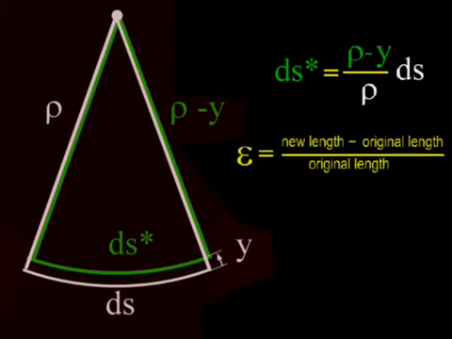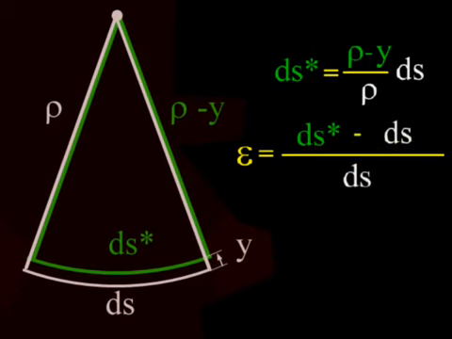The strain epsilon is equal to the change in fiber length, or the new length minus the original length, divided by the original length. Thus we have epsilon equals ds star minus ds over ds. We can substitute ds star from the previous equation.